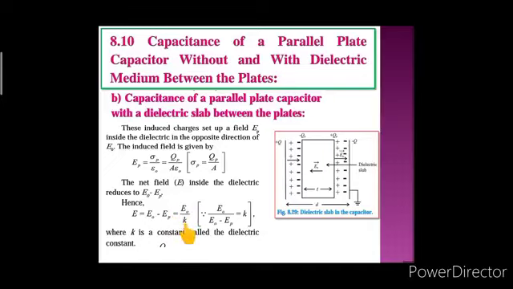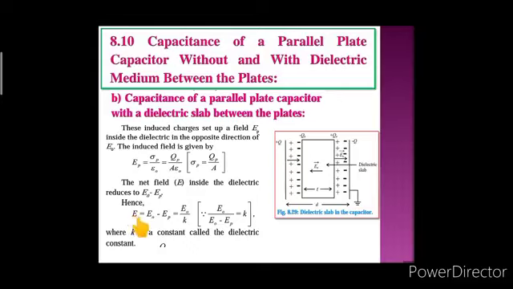When we take the value of K as E0 upon E0 minus EP, the E0 minus EP comes in the numerator, E0 upon E0 cancels, and the remaining term is only E0 minus EP.